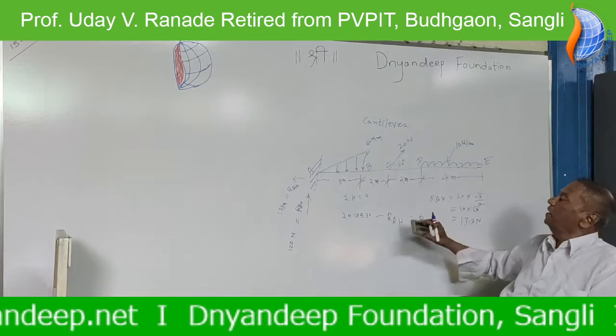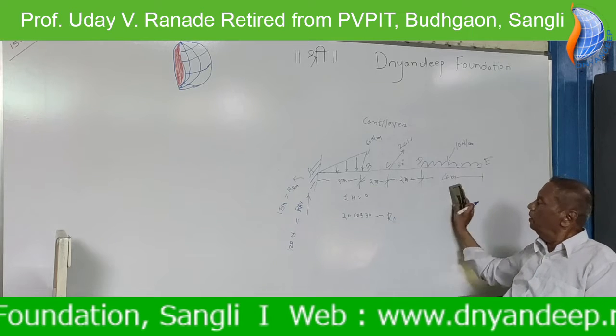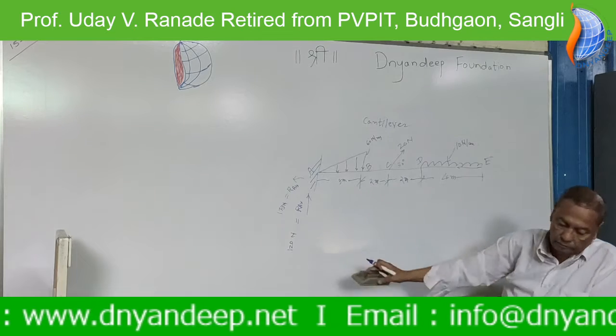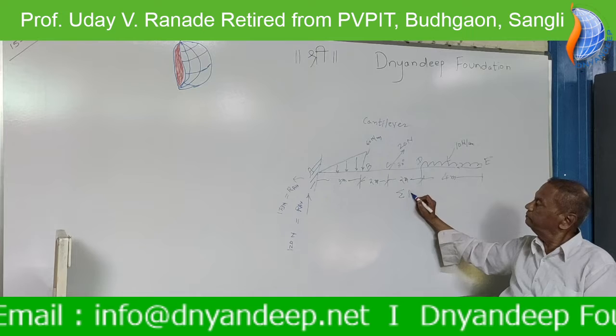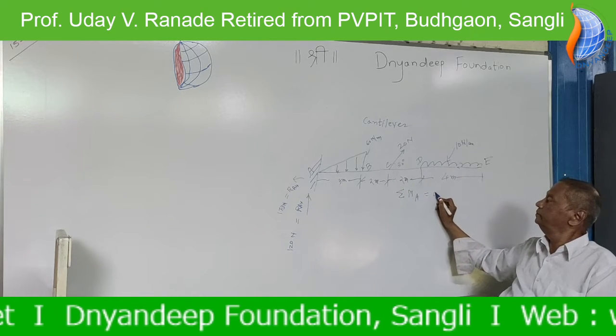So calculate moment at A, MA. So sigma M about A equal to 0.